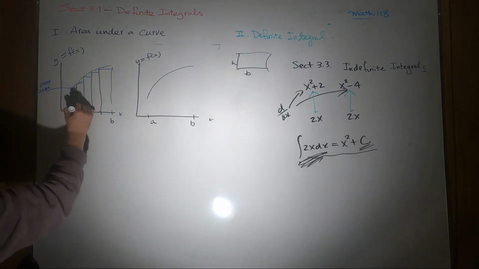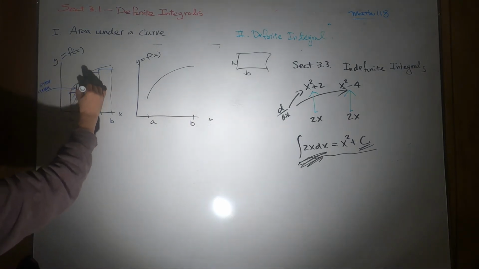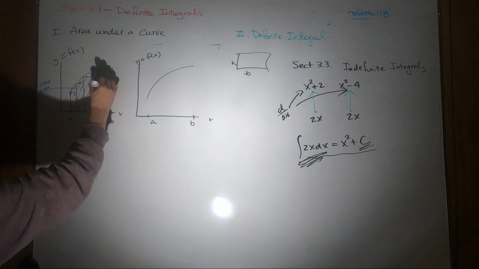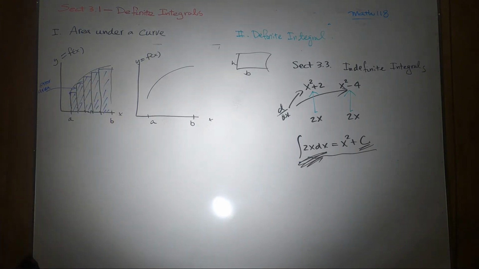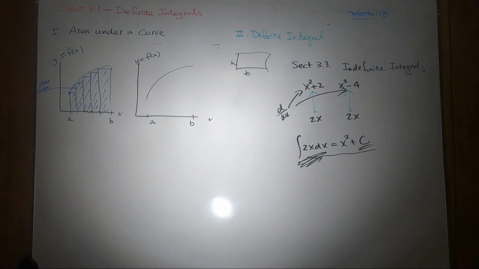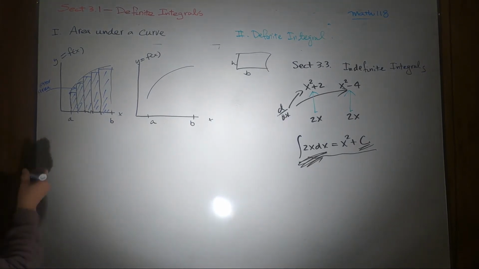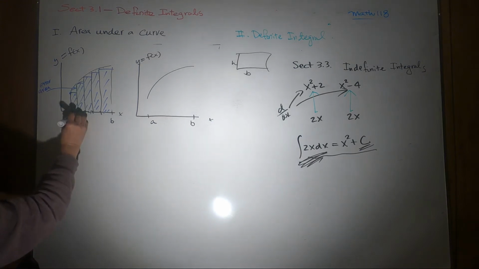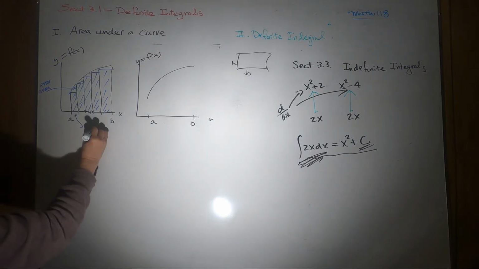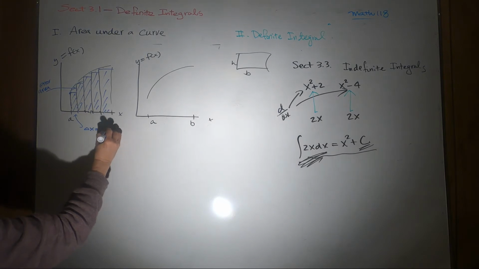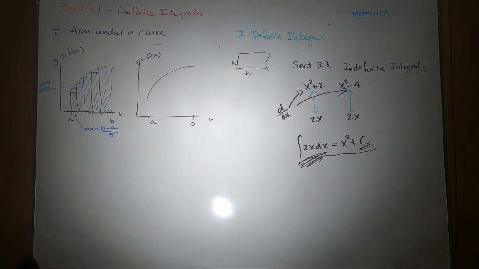So if I just count here, I'm approximating, right? Then if I split it into 5 parts, each part will be what? We say it will be b minus a divided by 5, right?